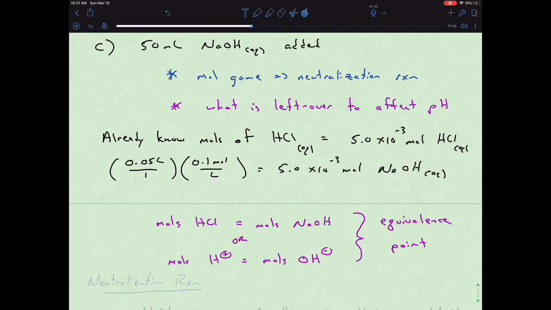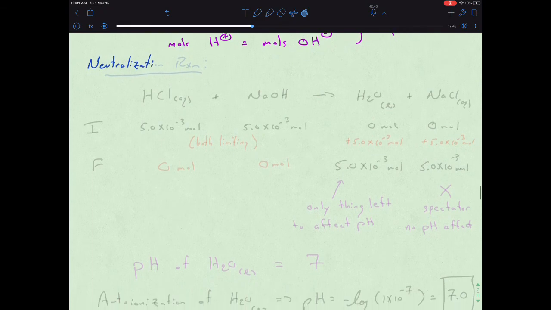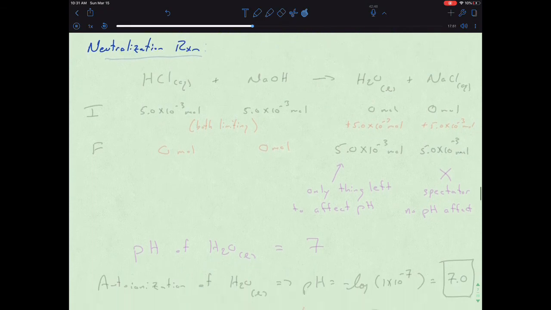We look at our neutralization reaction. Right, just like what we had earlier. So it's still the HCl plus the sodium hydroxide producing water and salt.